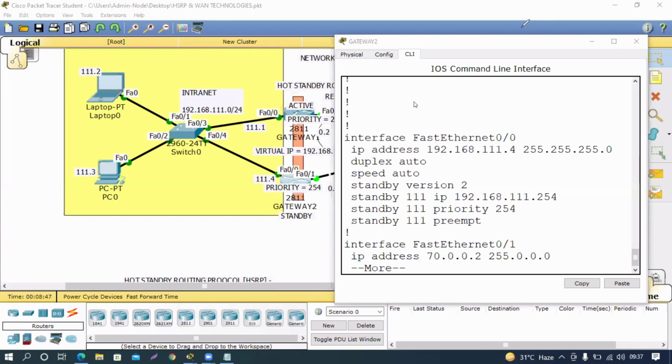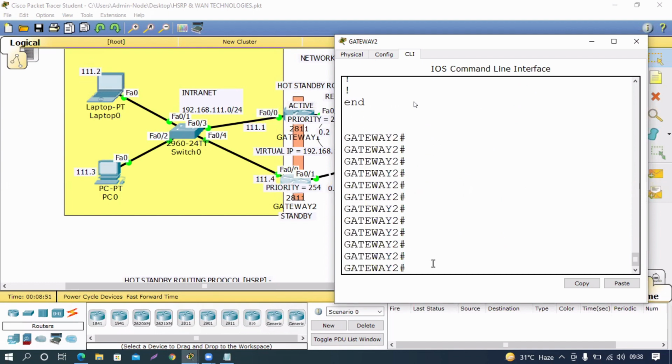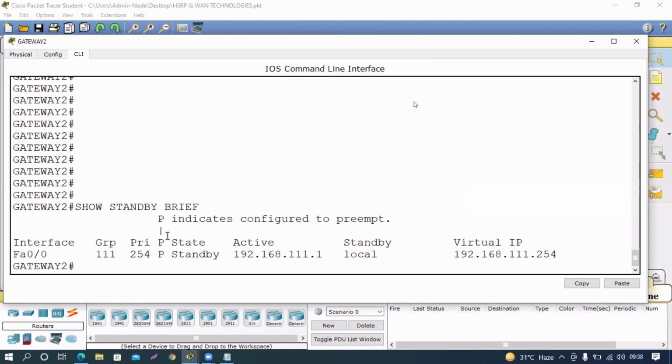Once we are done with this, you do the verification. So show standby brief. Can you see all this information? On which interface have we configured? 0/0, right? What is the group ID? The group ID is 111, right?